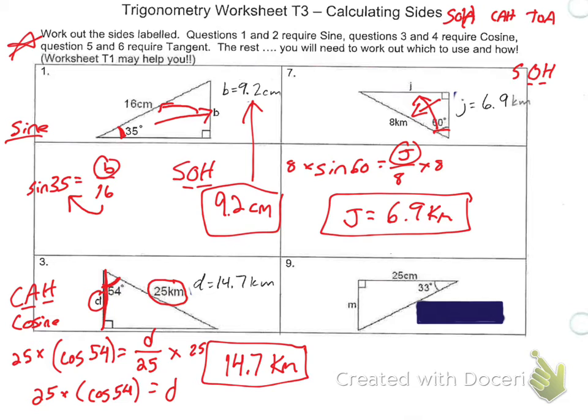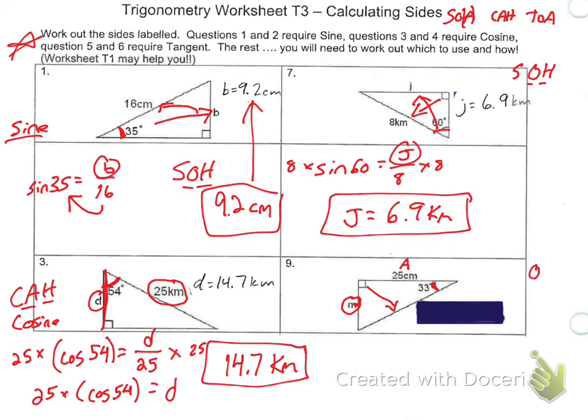Make sure you're checking your answers, 6.9 kilometers. All right, then number 9, I know I start here, and I have an opposite, and then if this is the hypotenuse, this would be the adjacent. So I have an opposite and an adjacent.